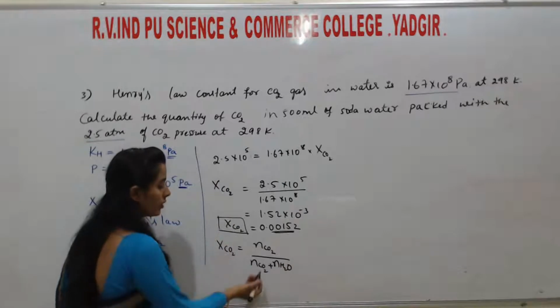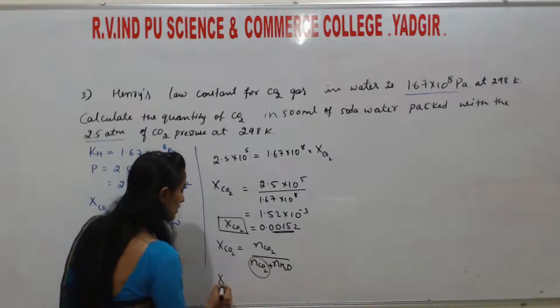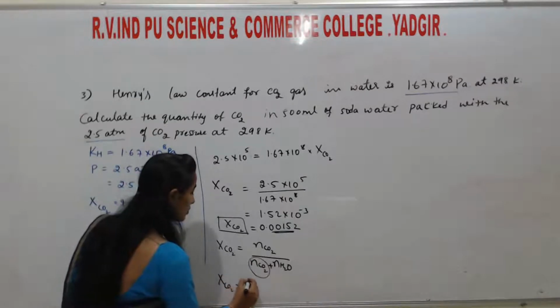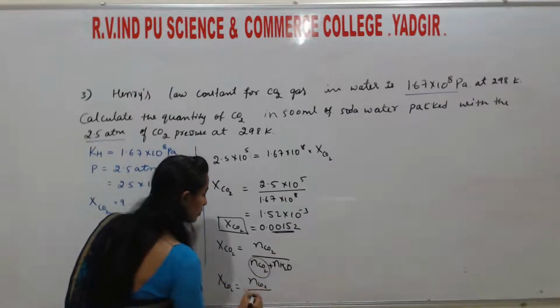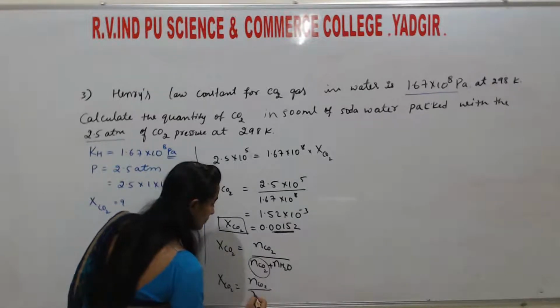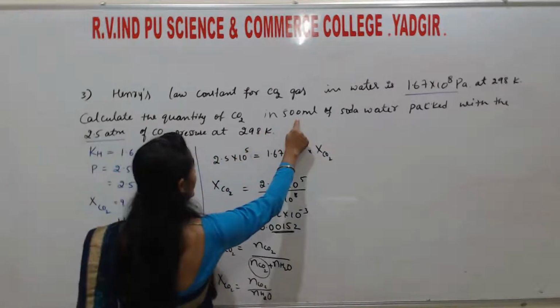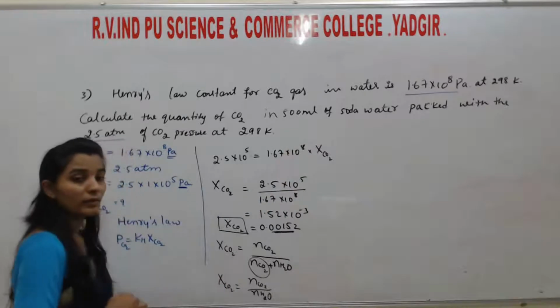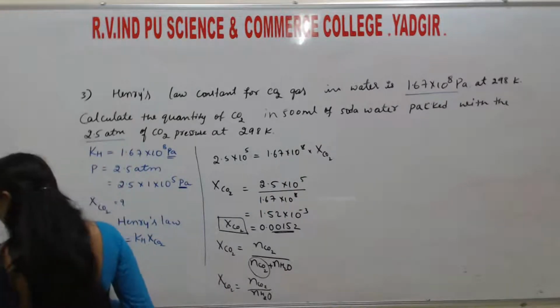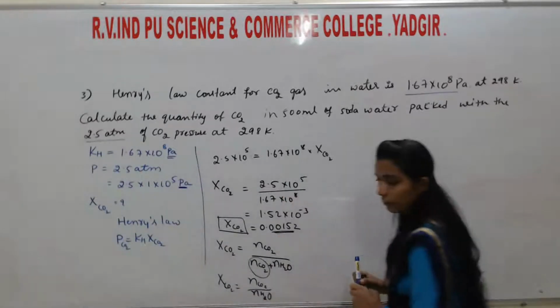As I told you, if the solute is present in a very small quantity, this becomes X of CO2 equal to N of CO2 by N of H2O. Here they have given 500 ml of water, so using this we have to calculate the number of moles of water.